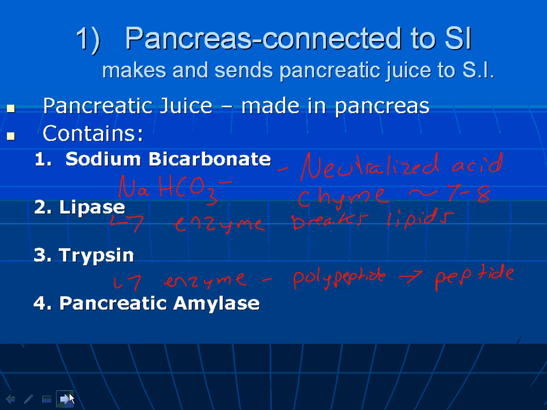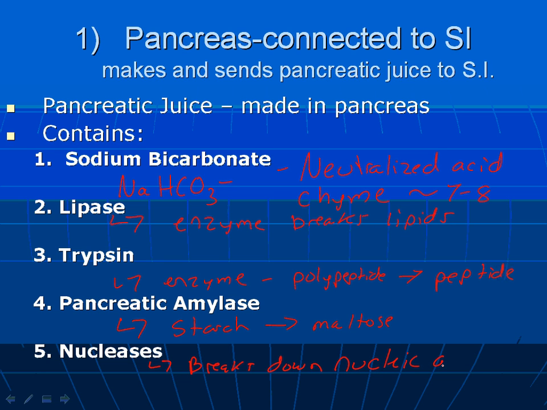We have our pancreatic amylase, which brings our starch down into maltose. We have nucleases, which are enzymes that break down nucleic acid. We won't get into much about the nucleic acid breakdown. And the last one is water, which of course we need as well because these are all hydrolytic enzymes. Without the water, it's not going to function properly.